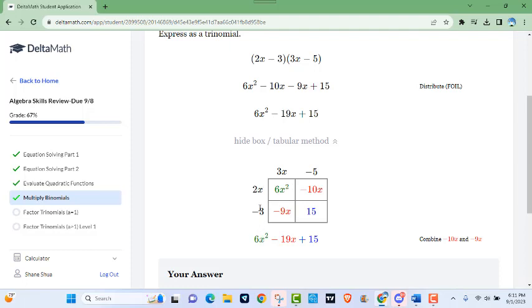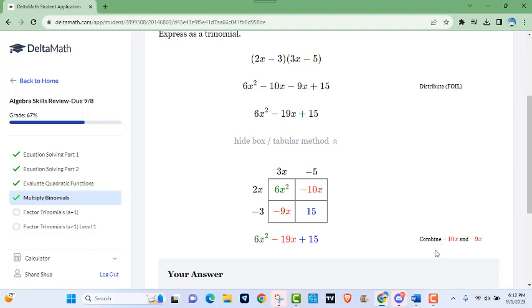One binomial goes down the left side, the other binomial goes on the top, and then you do 2x times 3x, 6x squared, 2x times negative 5, negative 10x, and then we do negative 3 times 3x is negative 9x, and then negative 3 times negative 5 is a positive 15. Then if we take the negative 10x and the negative 9x, we get the negative 19x. So therefore 6x squared minus 19x plus 15.